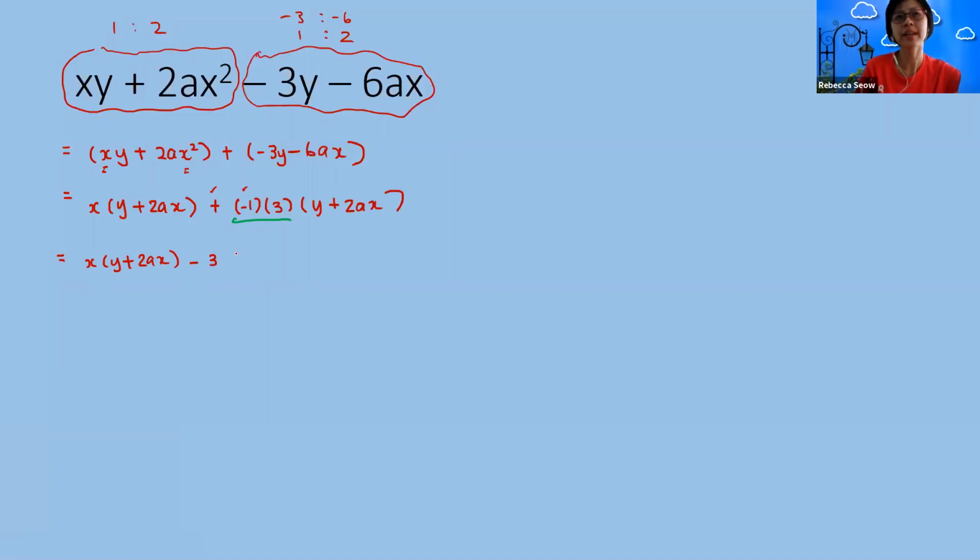So we end up with minus 3 bracket y plus 2ax. At this point, we can factorize out y plus 2ax from both parts of the expression, and we're left with x minus 3 in the other part of the expression. So this is the answer.